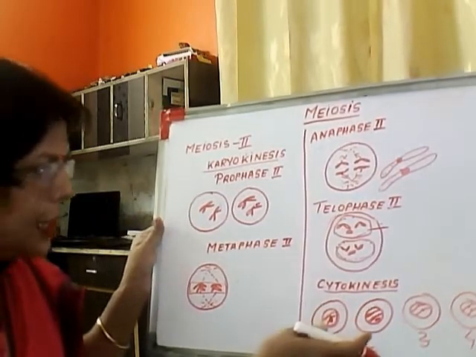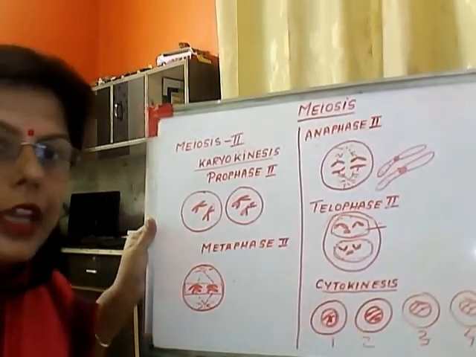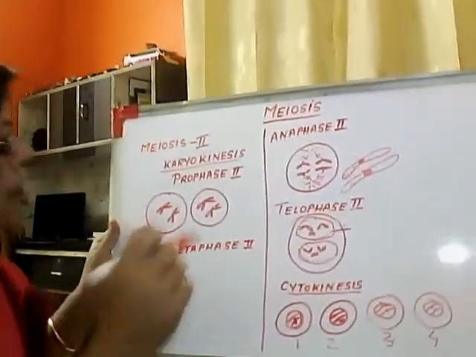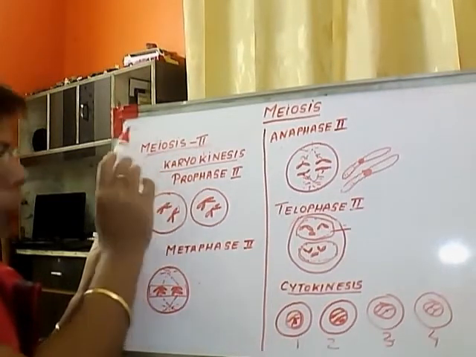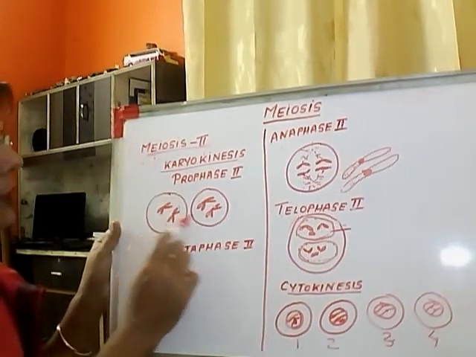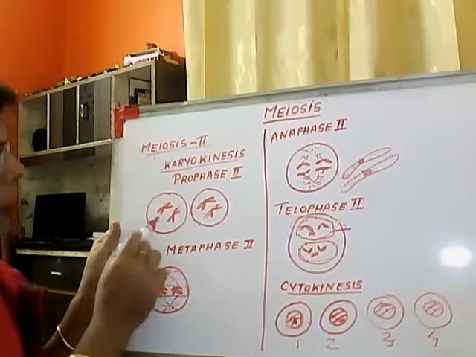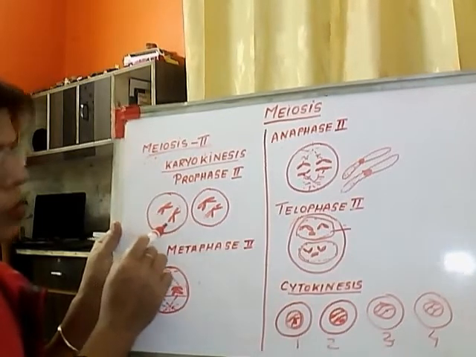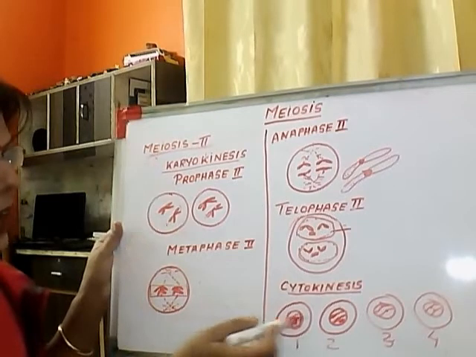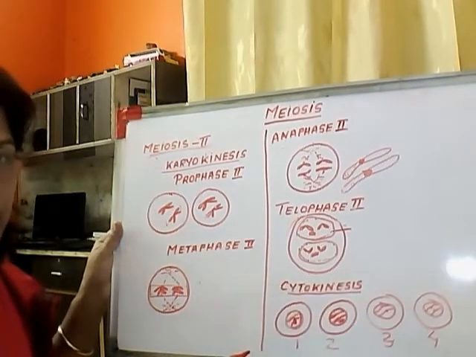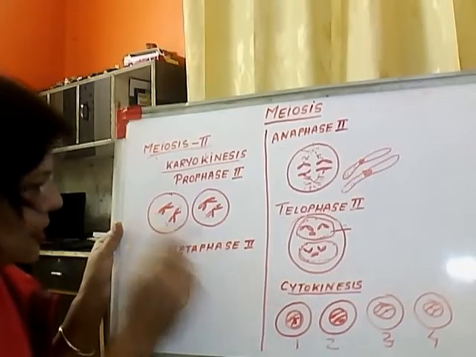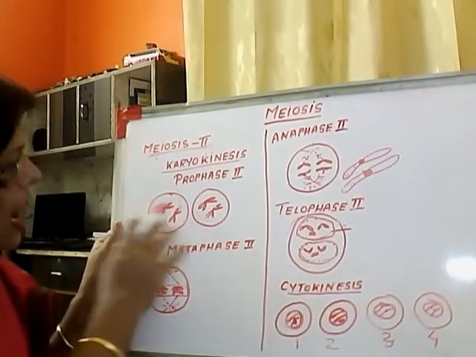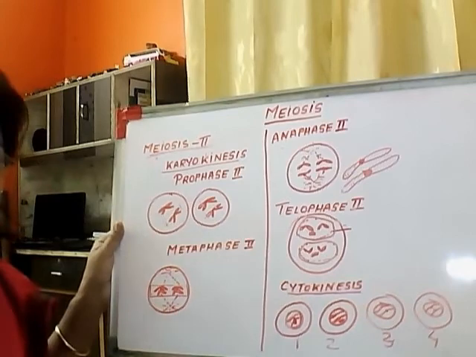Now, as I have already said, if we take meiosis 2, these are the parent cells. Here they have only two chromosomes, and at the end also they have two chromosomes. So when you compare these cells, they have the same number of chromosomes.